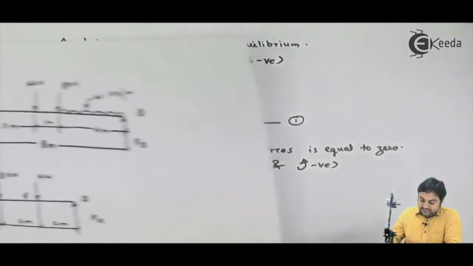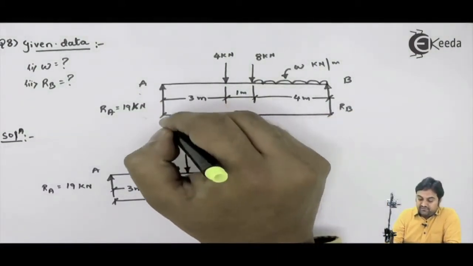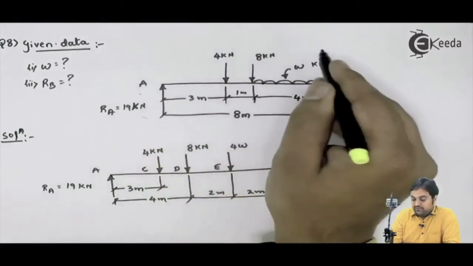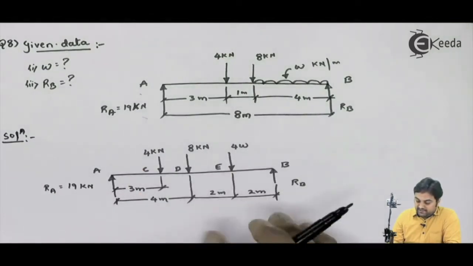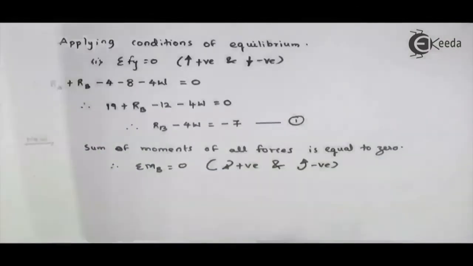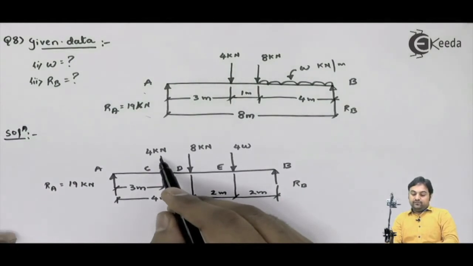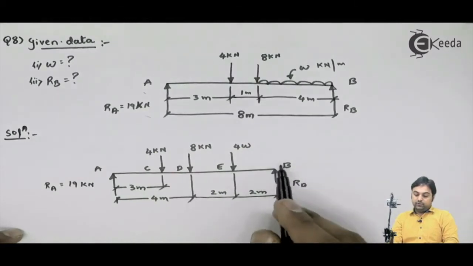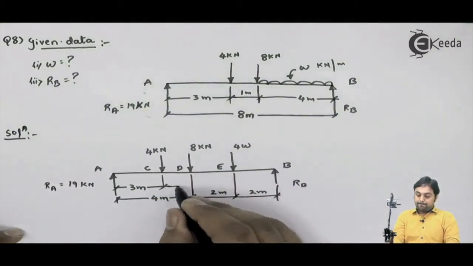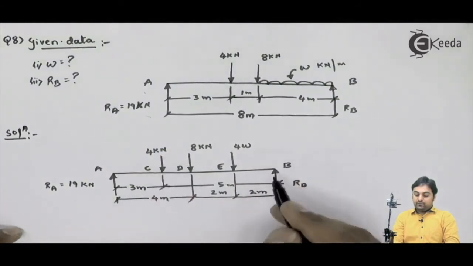Hence, since I am taking moments at point B, here I have Ra which is acting upward, and the moment which would be produced will be clockwise. So it will be plus Ra into 8. Then here we have 4 kilonewton. This will be producing anti-clockwise moment. So it will be minus 4 into 5 meters.